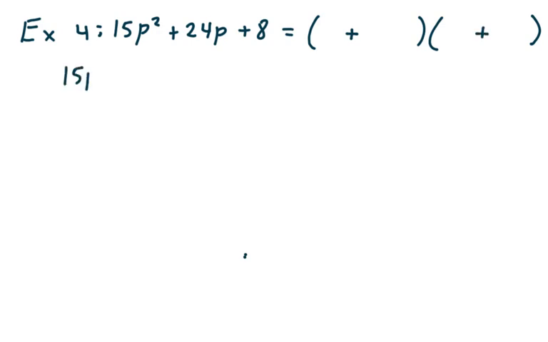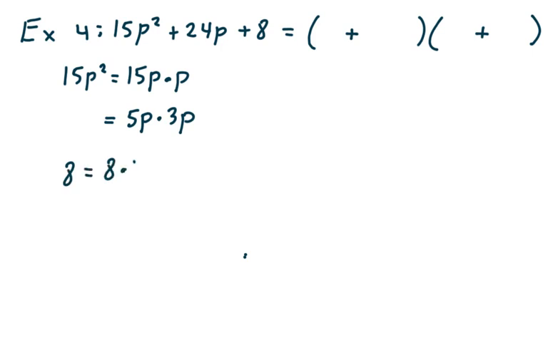Now, let's take a look at 15p squared. We have a couple of choices. We have 15p times p, and we have 5p times 3p. And for 8, we have 8 times 1 and 4 times 2. That's it. And so I'm going to try 5p and 3p first. So I tend to try the smaller relative numbers.